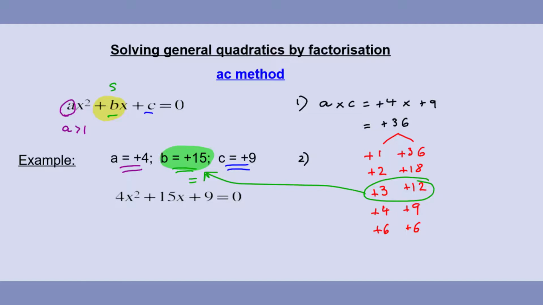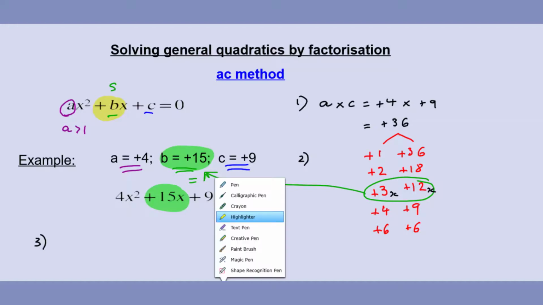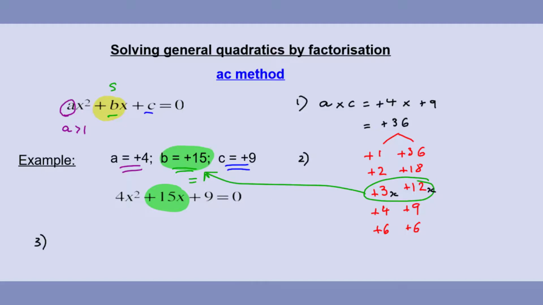Now we have to incorporate those matching factors in our quadratic. So 15x can be written as 3x plus 12x. So 3x plus 12x give us 15x, and we can incorporate that in place of our 15x.